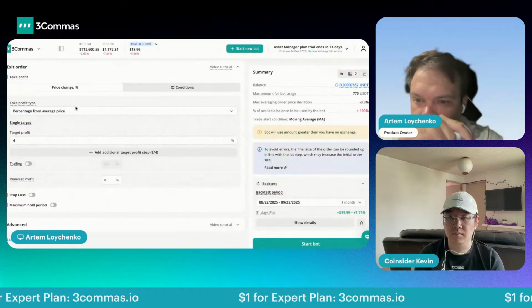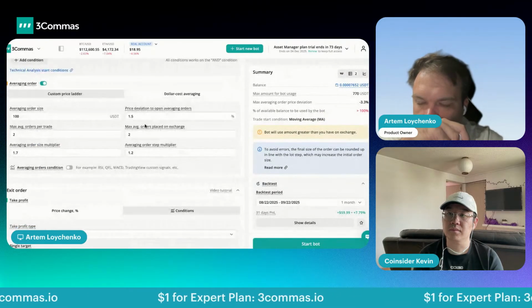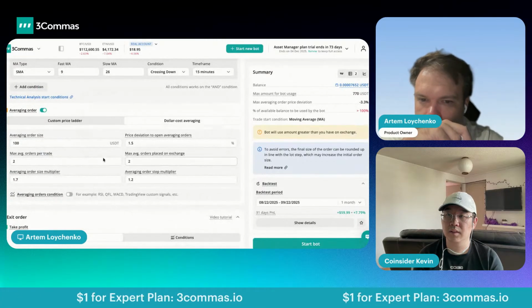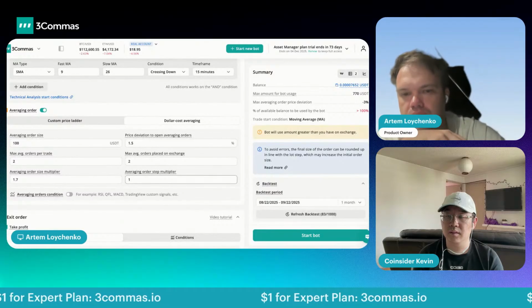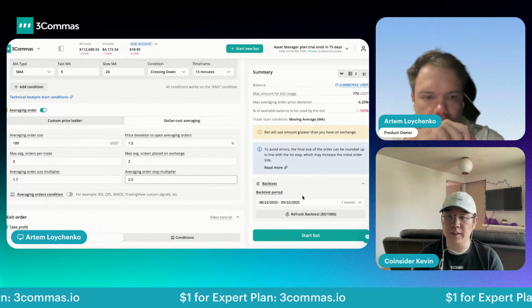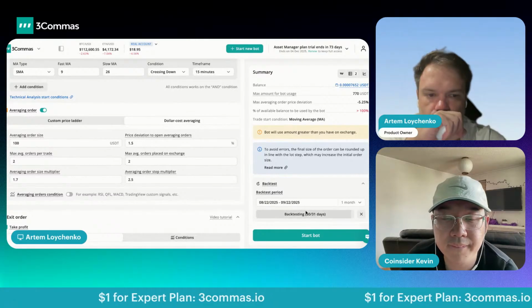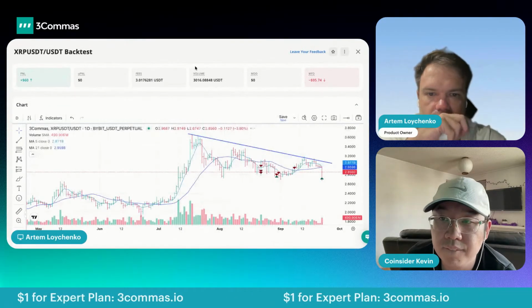Okay, let's do this. So, averaging order step multiplier. I usually go higher, like even like this. Okay. So let's rerun and see. Nothing changed, right?